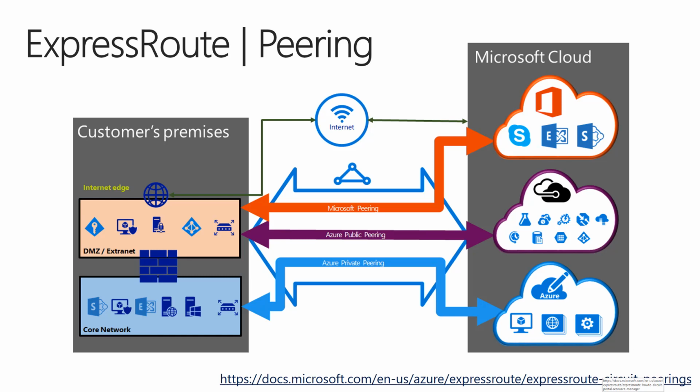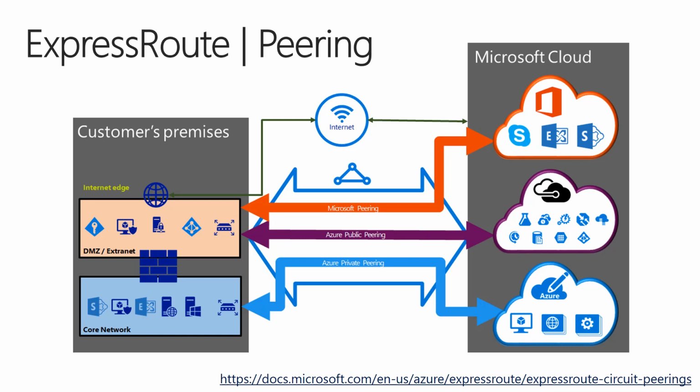Azure Private Peering, which provides connectivity to virtual networks, including the virtual machines within those virtual networks, as well as any other resources attached to the virtual network. Azure Public Peering, which provides access to public services such as Power BI, Dynamics 365 for finance and operations, and most of the public Azure services, with the following exceptions: CDN, Visual Studio Team Services load testing, multi-factor authentication, and Traffic Manager.